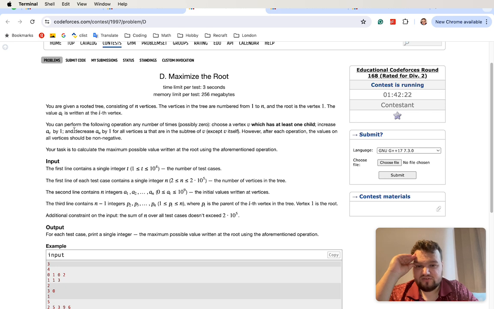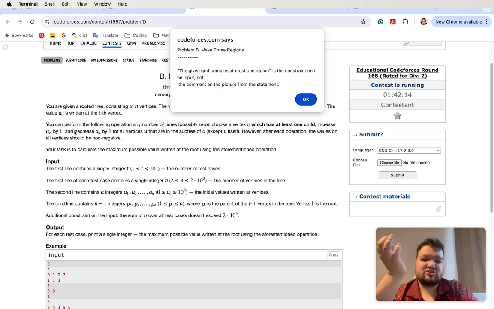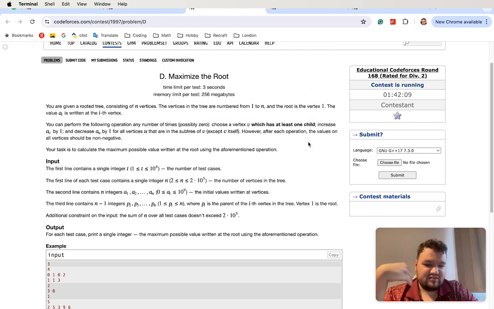it kind of looks like the order of operations doesn't matter.